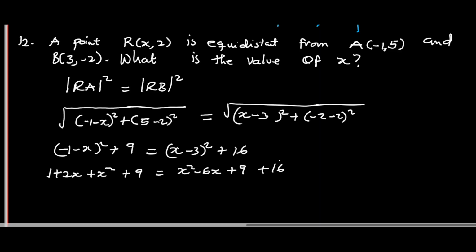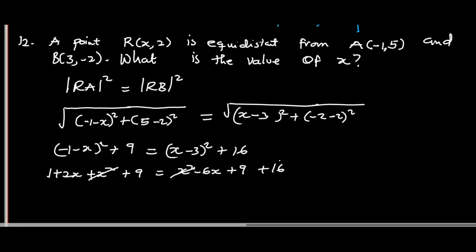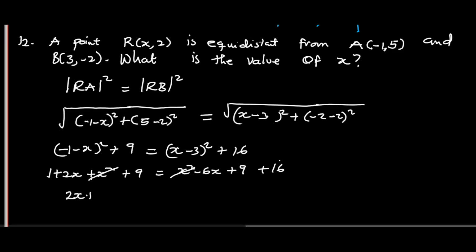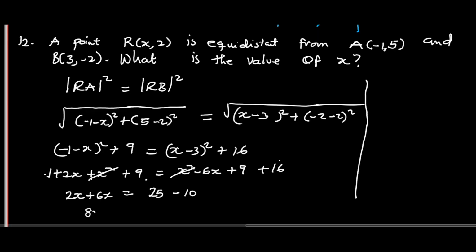So we can simplify. Now you have a positive x squared on both sides, so they cancel out. I'll take the x's to the left side and all the constants to the right. So I have 2x plus 6x equal to 25 minus 10, giving 8x equal to 15.